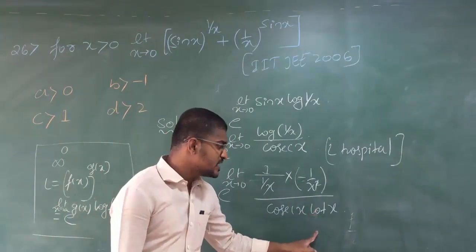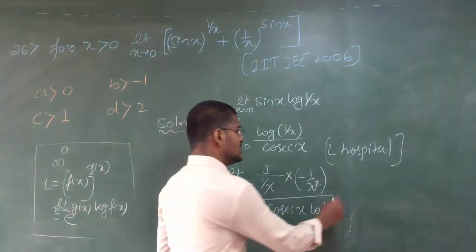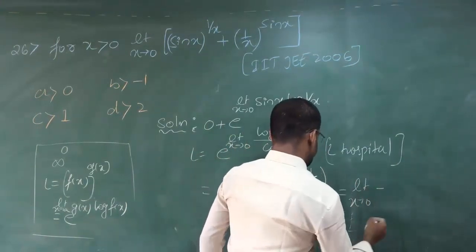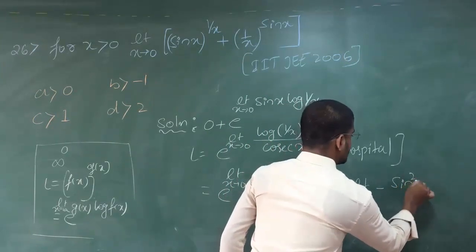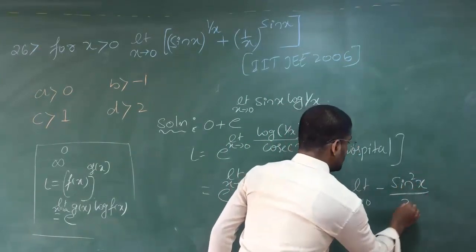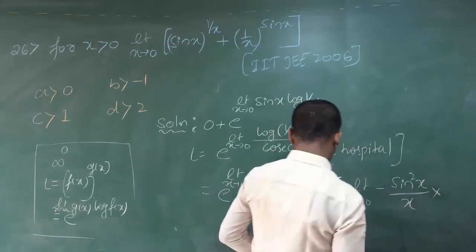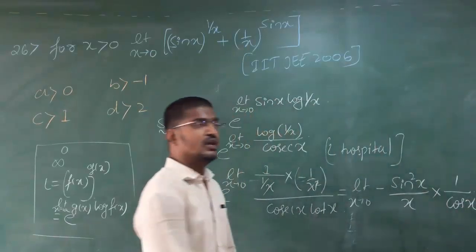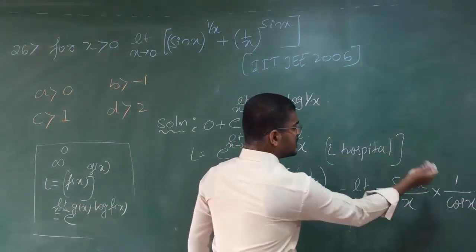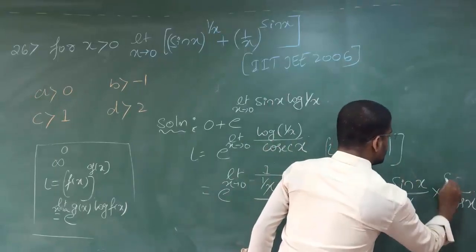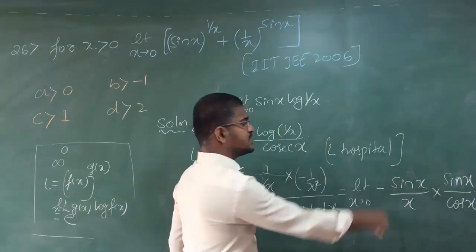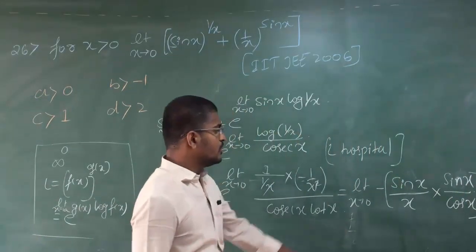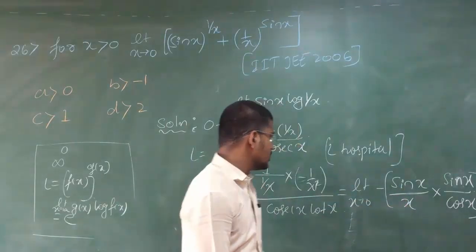So cos divided by sin square x, if I simplify, it will be in the form of limit extending to 0 minus, as it is, sin square x divided by x into, here it will remain with 1 by cos x. Further, you take this as sin x by x and sin x by cos x. So now limit extending to 0 sin x by x is what?